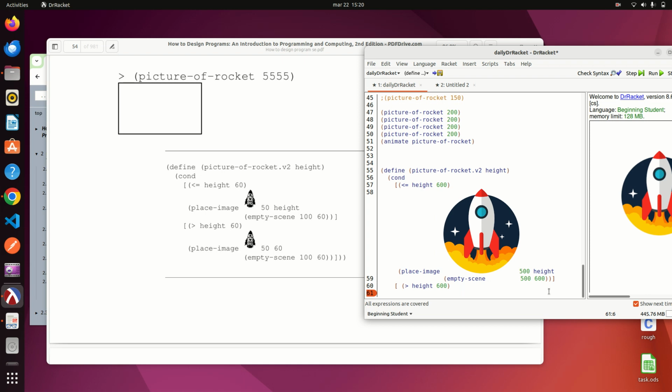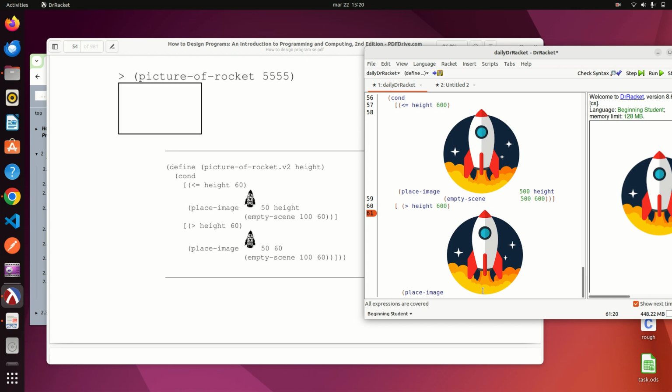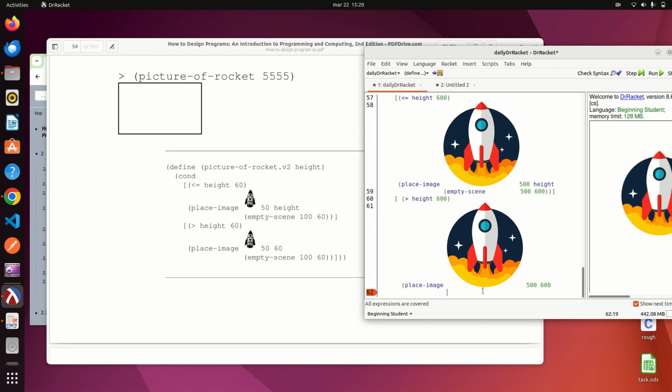Place image. Place image. Empty scene. What's 5060?